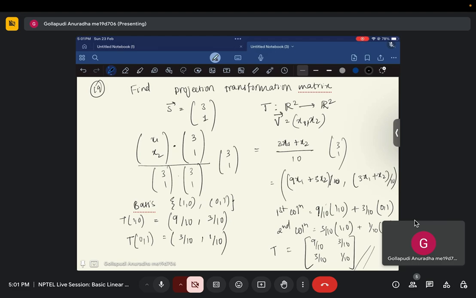No, ma'am. So what I wanted to say here is, here we have taken b1 as (1, 0), the standard basis, and for b2 also we took the standard basis. Once we substituted the basis values here, we get the transformation of the basis like this, and then we do the linear combination with respect to basis 2.